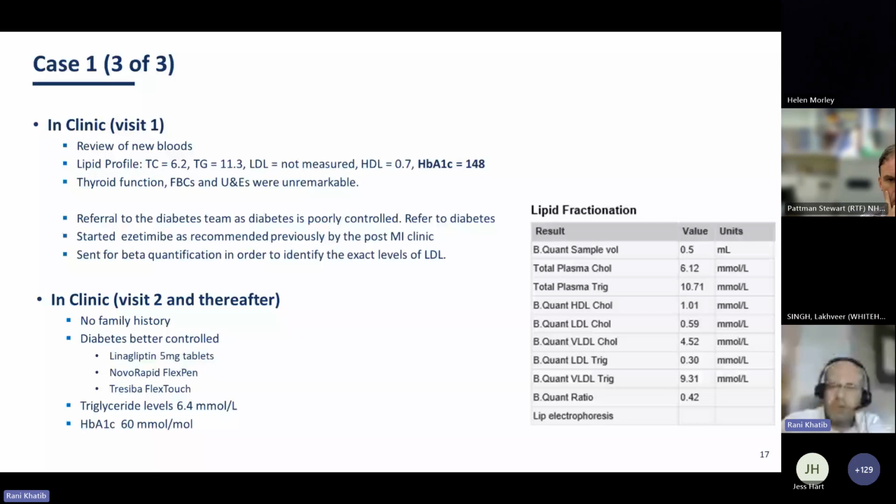This is something we do get, and that's why we always say, when you assess patients for lipid profile, do a full lipid profile, but also remember to check if they've got diabetes or thyroid disease, and whether it's well controlled, because that does impact your lipid management. So that's case number one.